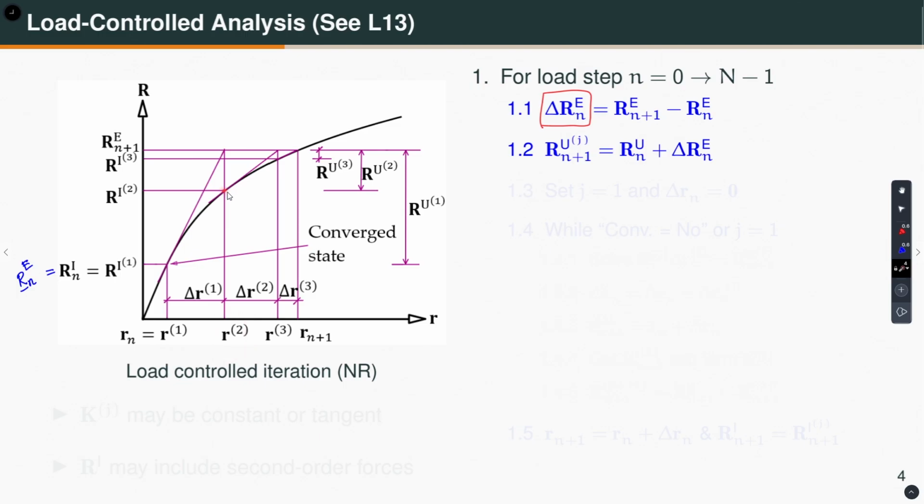At this displacement, I perform a state determination. In other words, for this displacement, I go to each element, calculate the displacement in global coordinates, go to the deformation coordinates, determine the internal forces, transform back to global coordinates, assemble them, okay, and then I get this internal resisting force vector R^I at the end of second iteration, right? Now, you see from here to here, this is the load I want to apply, right?